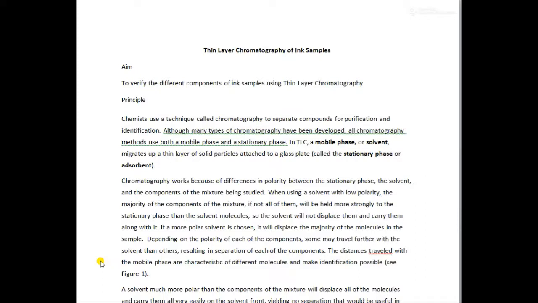A solvent or mobile phase is used to carry the ink sample along the stationary phase. And as it moves, what happens? Based upon the affinity between the stationary phase and the mobile phase, the different components of the ink sample will move to different levels.